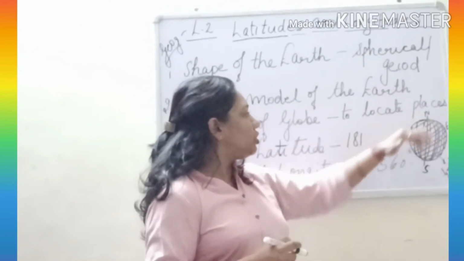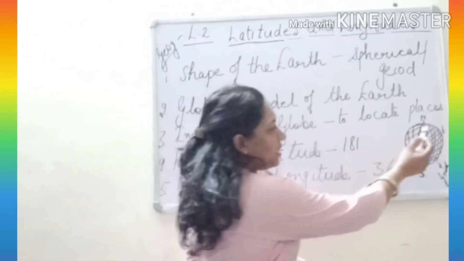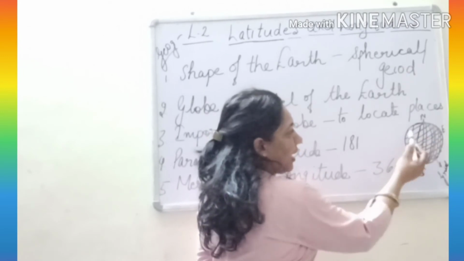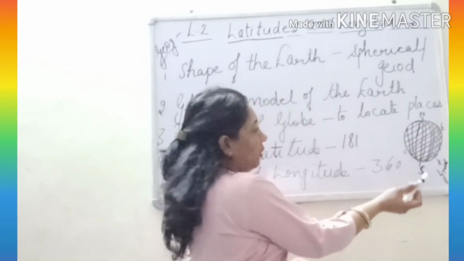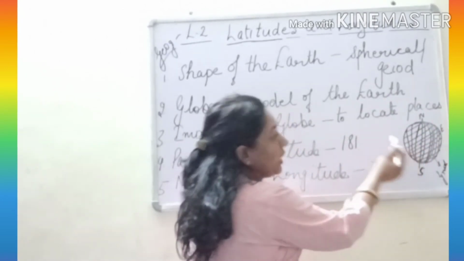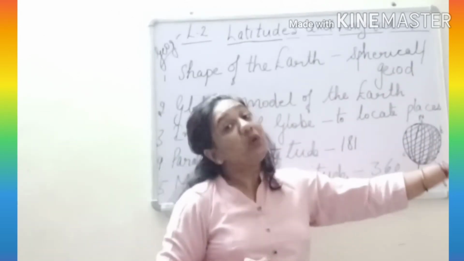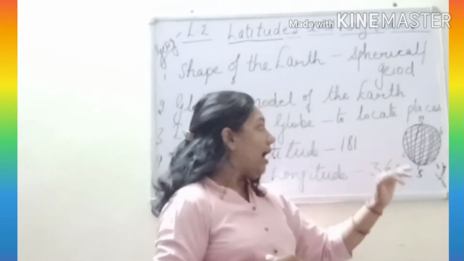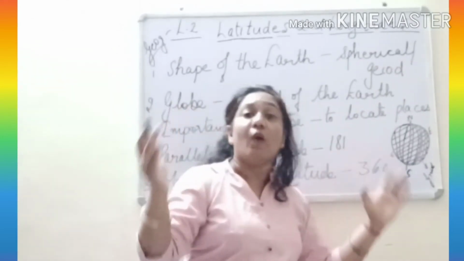So it comes to be total 181 including the equator. So this means parallel running lines are 90 above the equator and 90 below the equator. So it comes to be 180, and including equator, because it is also a parallel line, it comes to be 181.